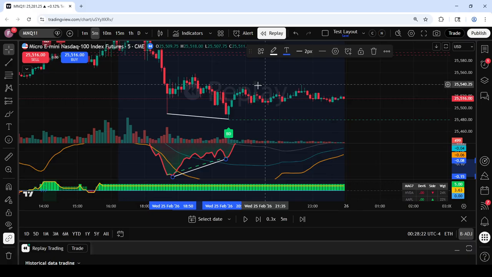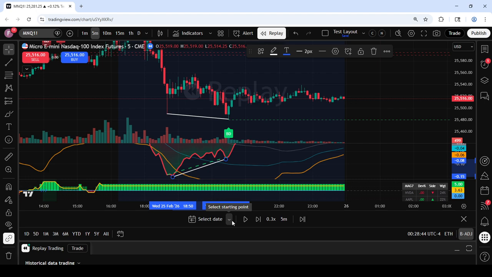You could be holding it still, but you could sell right up here. Nice quick 40 point move, just to get a quick scalp in here. Yeah, Asia session doesn't always last long.